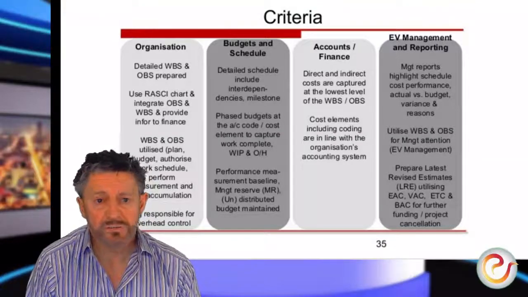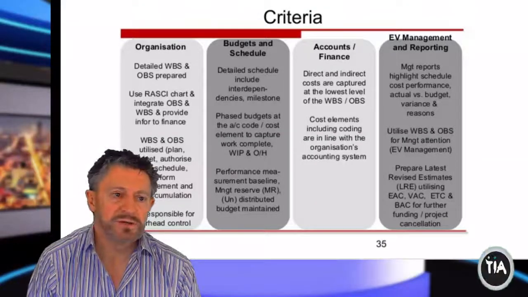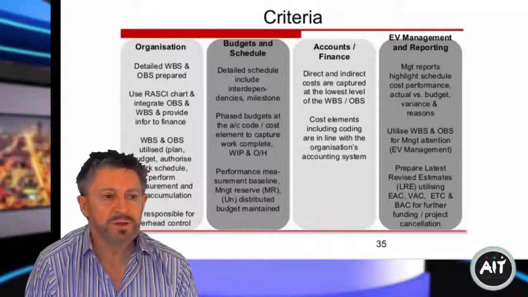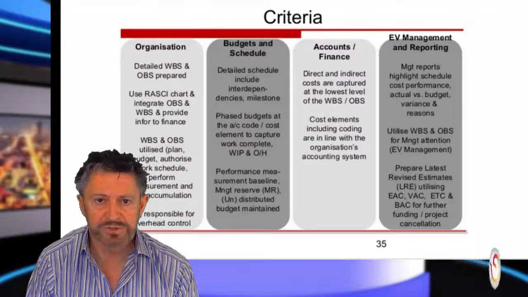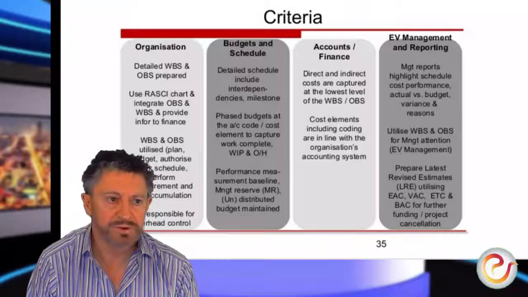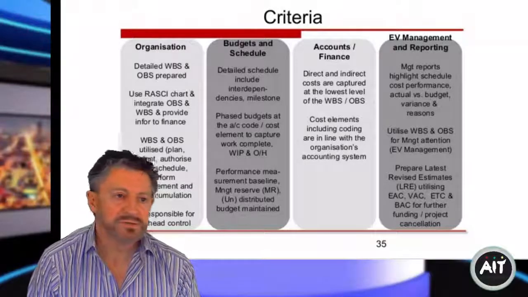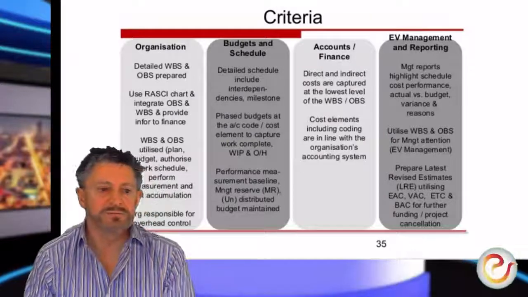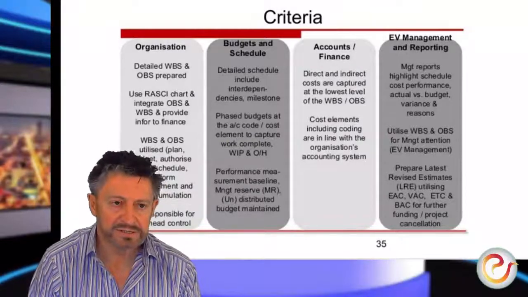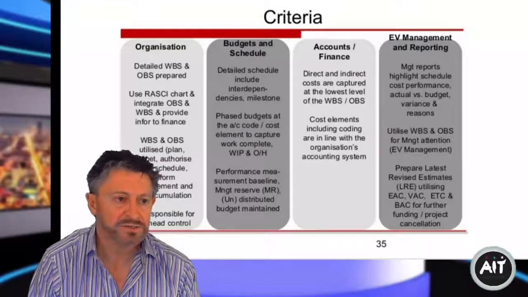Organization, so detailed work breakdown structures and the original budgeted schedule are prepared. We use the RASCI chart, which is basically a review of all systems and indices, schedule and cost indices.